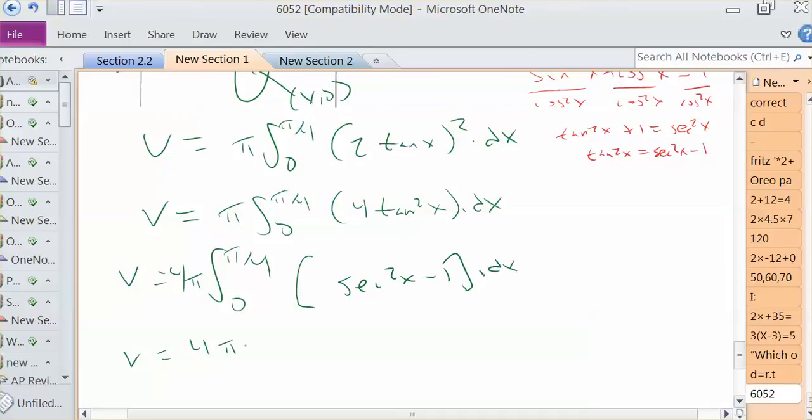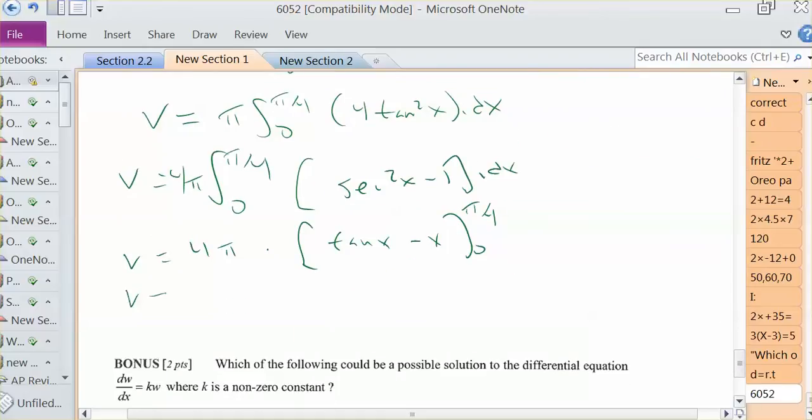So 4 pi, and of course that's tangent x minus x from 0 to pi over 4. Continue working it out. So you're going to have tangent of pi over 4 minus pi over 4.